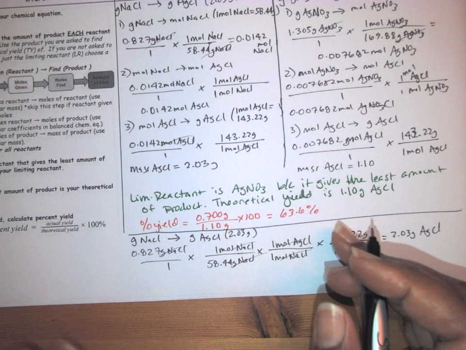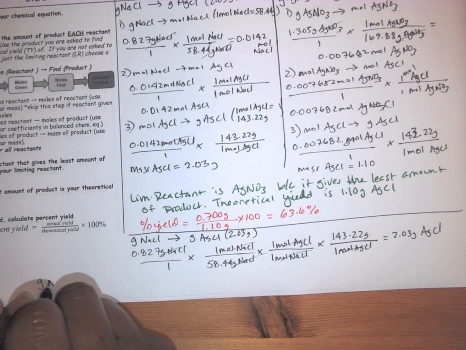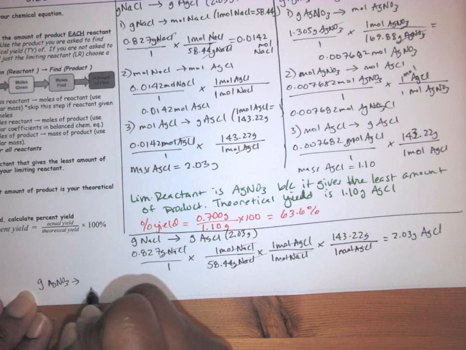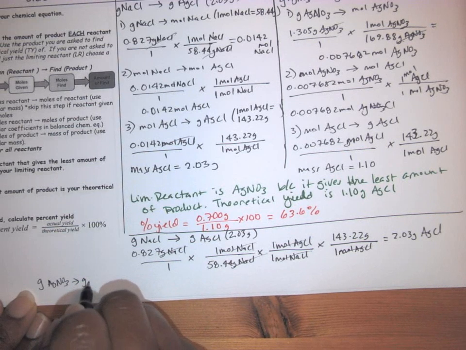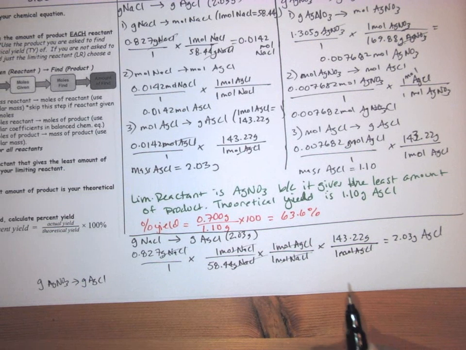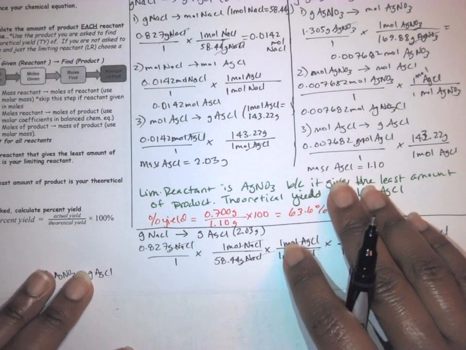We're going to try that now for grams of silver nitrate to grams of AgCl. I'll just use a little bit of paper here, and it looks like I'm running out of room.